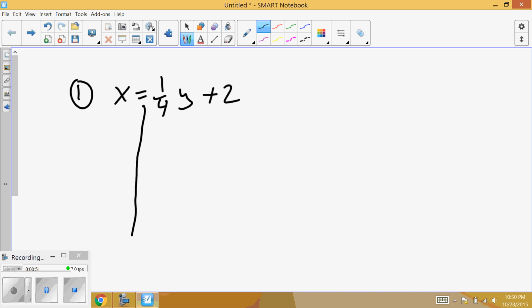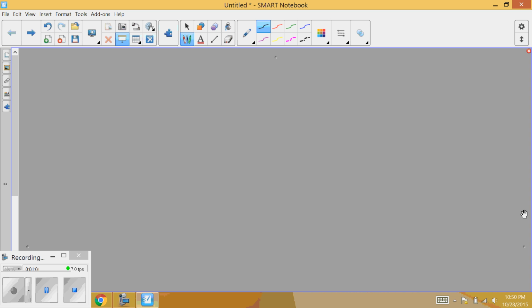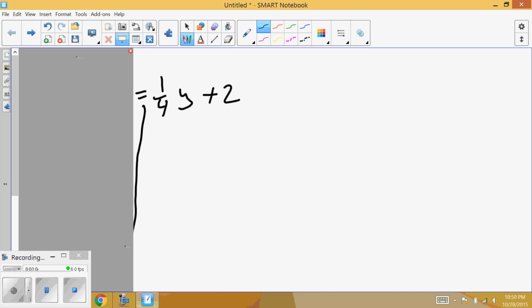Now I want to get y by itself. So I'm going to ignore this left side when I'm thinking about this and deciding what I want to do. Are we going to undo the multiply by 1/4 first, or are we going to undo the add 2? We should remember that we need to undo addition and subtraction first, so I'm going to undo the add 2 by subtracting 2.